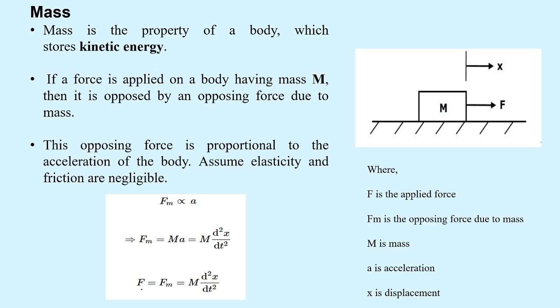Therefore, this equation F equal to m into d2x by dt square, if we write down in the form of velocity, we can write down this as m into dv by dt. Here, m is mass, F is the force and x is the displacement.